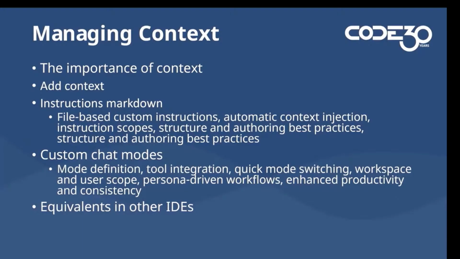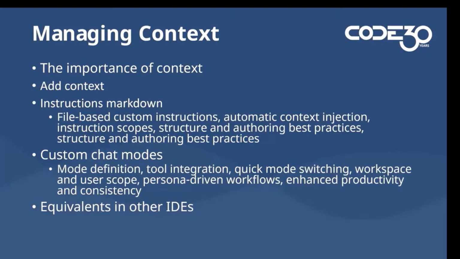We want to be able to manage it because the more context that we can give to Copilot, it's generally better, and it's generally able to produce better output given more context. So context is kind of additive, which means as you work in the chat window in Copilot, it will add all the context that it's achieved so far and any additional information that you give it going forward in that session.